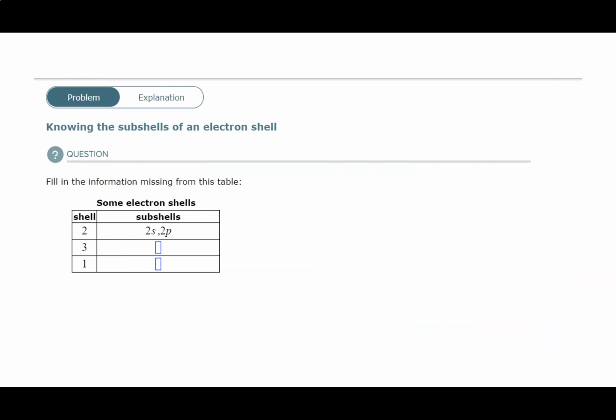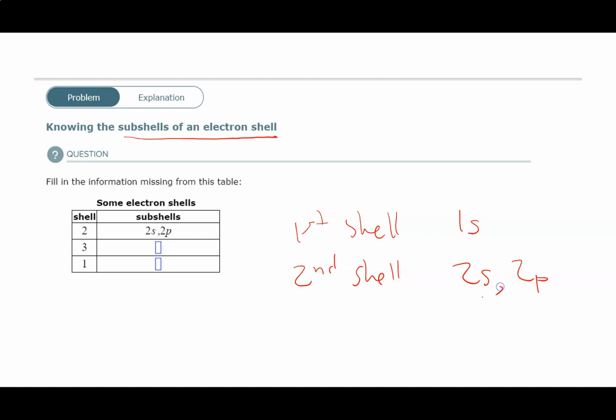All right. So knowing the subshells of an electron shell, well, it's pretty simple, right? The first shell is just the 1s. The second shell is the 2s and the 2p. The third shell is the 3s, 3p, and the 3d.